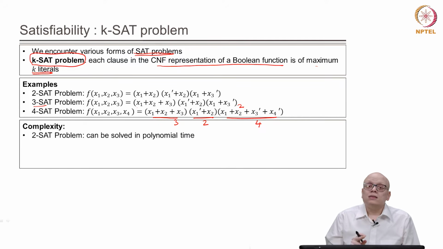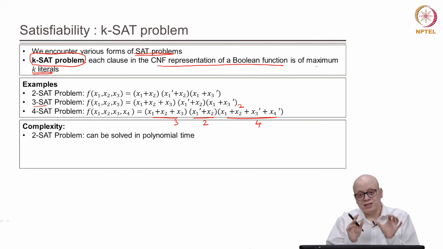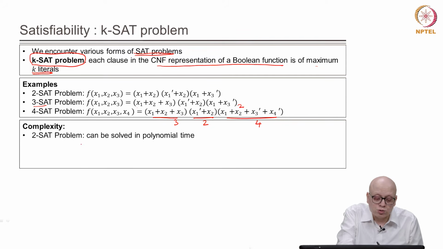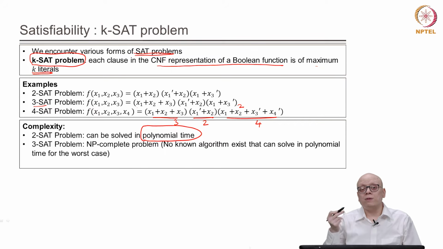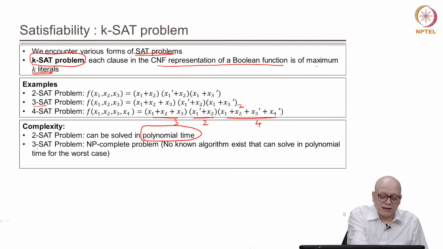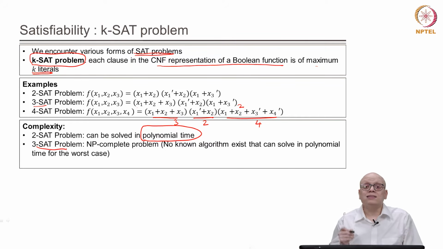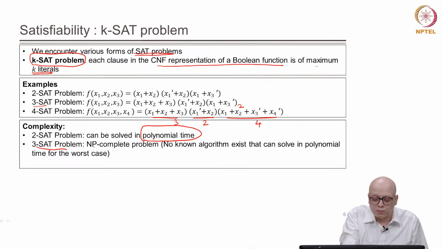If it is a 2-SAT problem, meaning that we restrict all the clauses to have a maximum of 2 literals, then it turns out that the 2-SAT problem can be solved in polynomial time, meaning that it is easier to solve. But if we increase the maximum number of literals allowed in a clause to 3 and we consider the 3-SAT problem, then the 3-SAT problem is an NP complete problem.